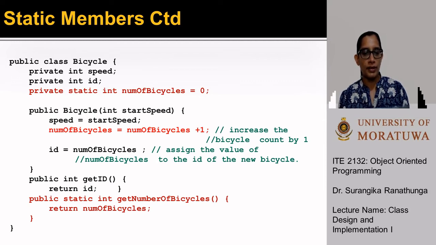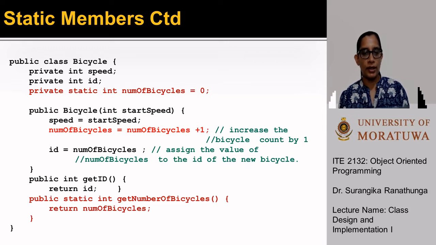Since this method does not depend on any object, we can call it even without any object. We can say Bicycle.getNumberOfBicycles.